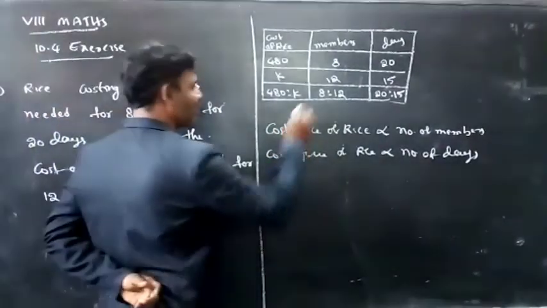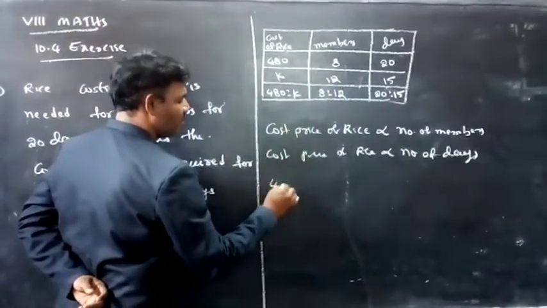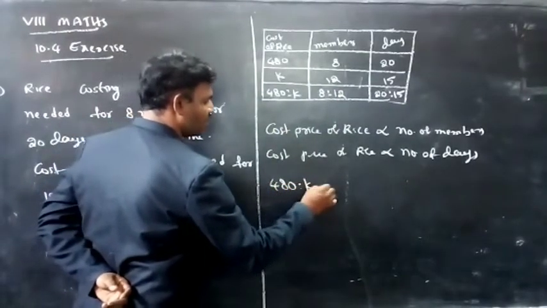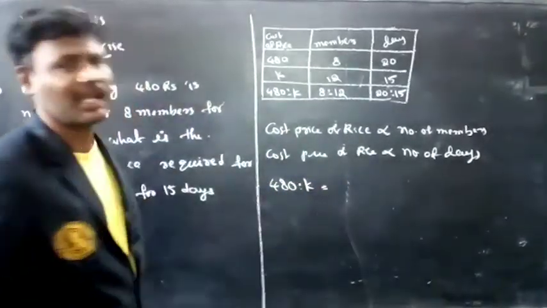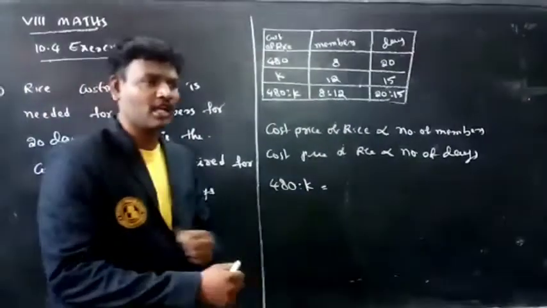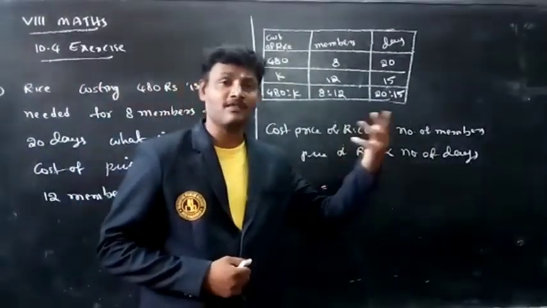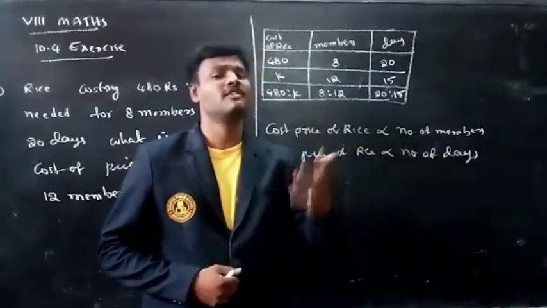So what can we write here? The ratio of the cost price, 480 is to K, is equal to... No need to take inverse ratios. If it is inversely proportional, then you can take the inverse ratio.